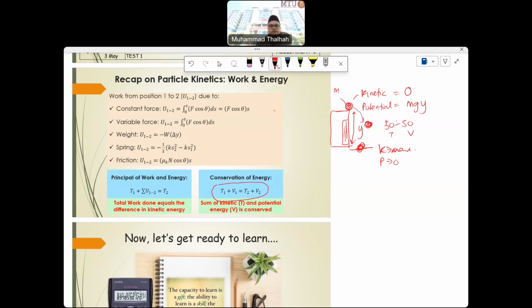Just bear in mind you have F equals ma, your equation of motion. You can use it whenever possible, whenever you feel necessary. And then you have your work and energy, which you can use to solve problems that involve force.